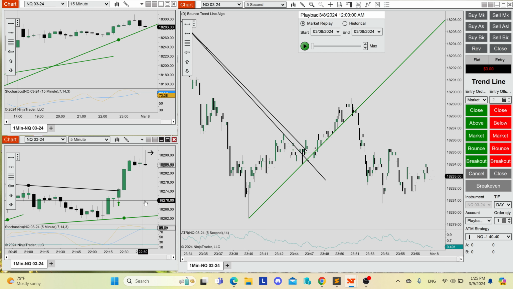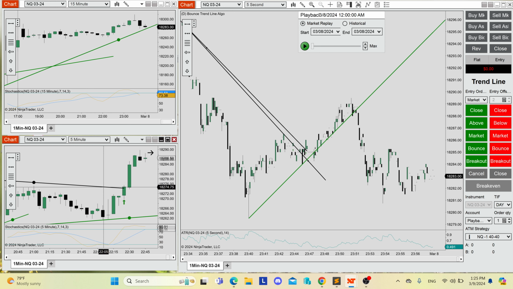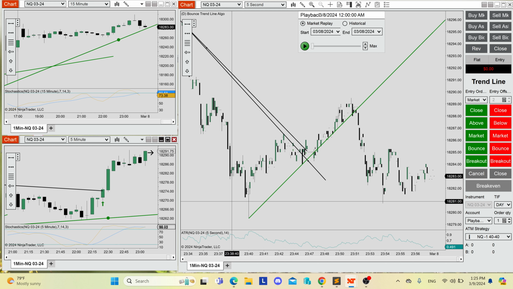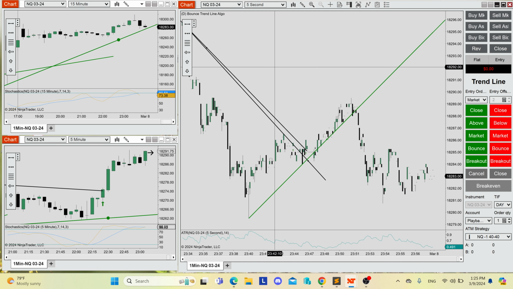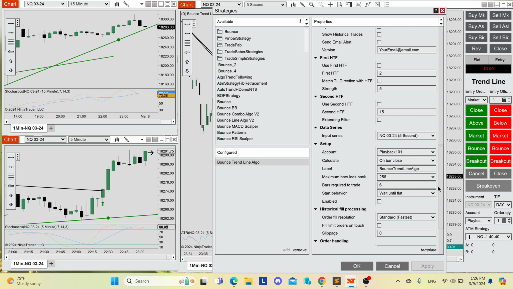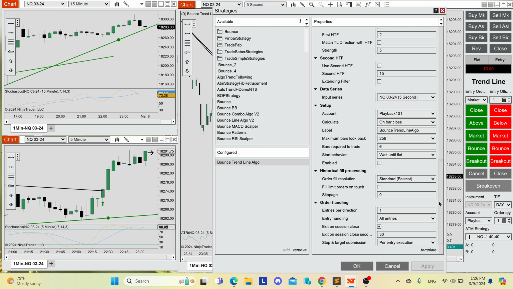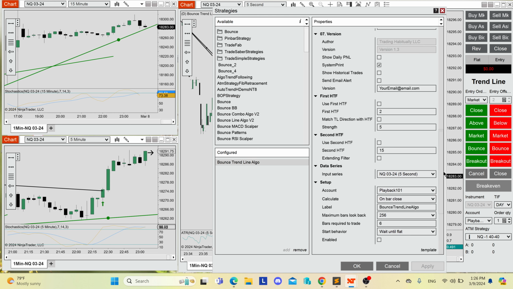Same thing if there is this black line, then it will take shorts only. Now, the more filters you have, the less efficient it becomes, but if you have other ideas how you could filter it out, let me know, and I may be able to integrate them in the next version.